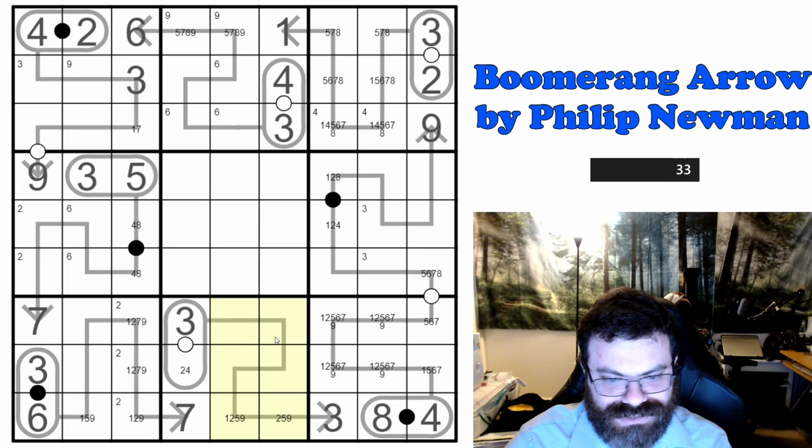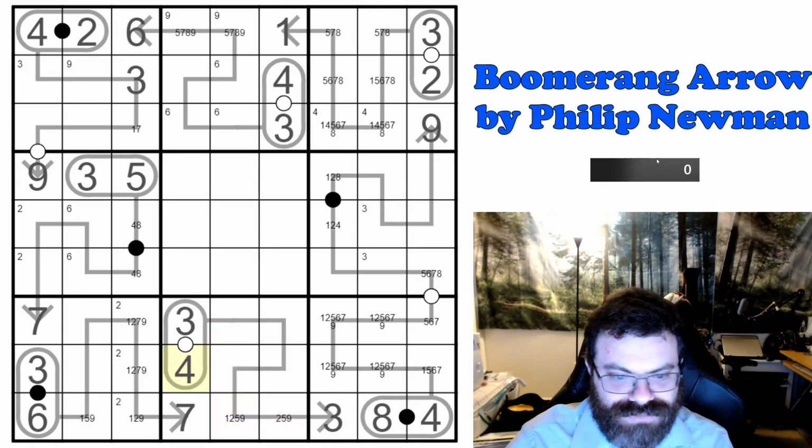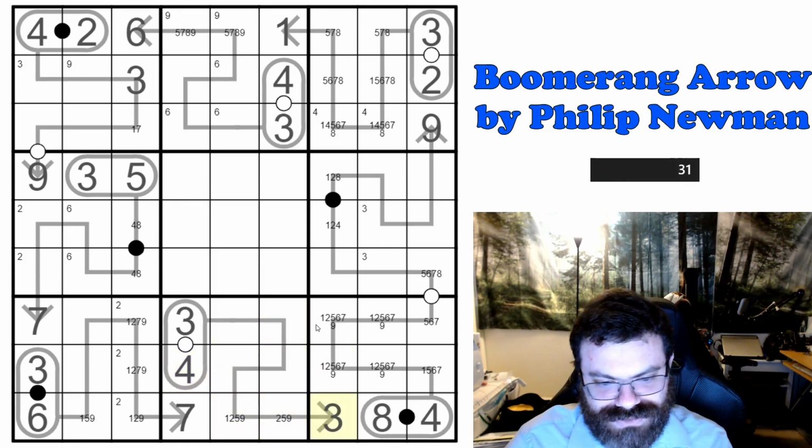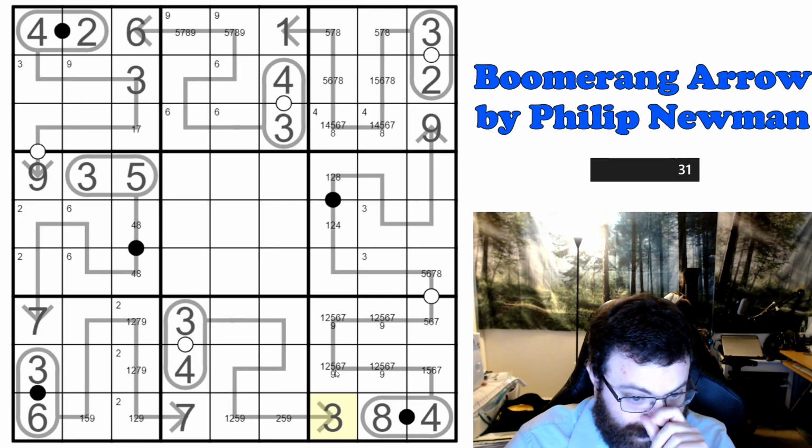These would add to 33, so that's not possible. So I'm hoping 34 is possible. Should be. So 45 minus 14 is 31. So these add to 31, and then this is a 3. So that actually works. That's great.